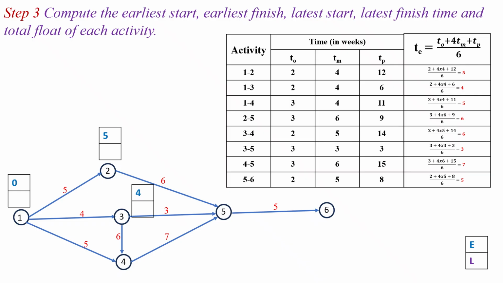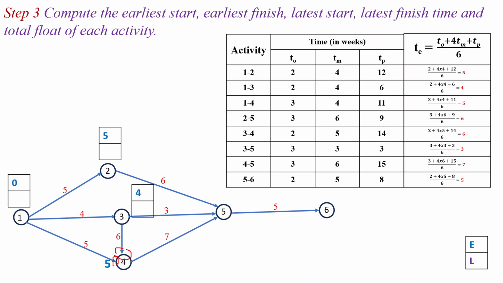Next for the activity 1 to 4, earliest start time is 0 at event 1 and earliest finish time is 0 plus 5, which is equal to 5 at event 4. Here event 4 is the merge event for the activities 1 to 4 and also for the activity 3 to 4. So earliest finish time is the maximum earliest finish time of the activity 1 to 4 and the 3 to 4.